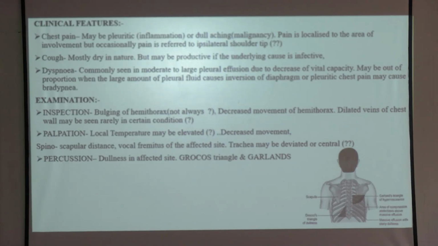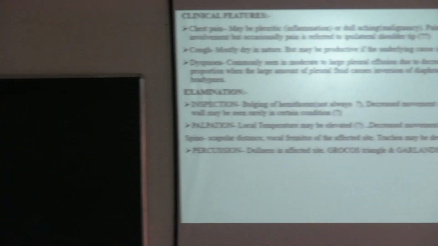ঠিক আছে? So here, if there is effusion, this area will be dull, but the opposite area should not be dull. But this triangular area just adjacent to the spine may be dull because, suppose there is effusion and diaphragm eversion occurs.